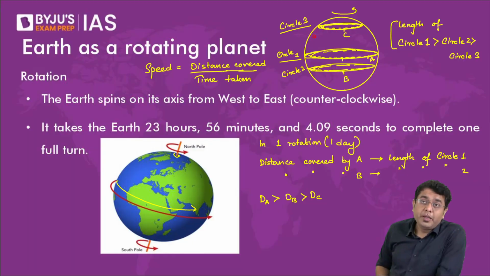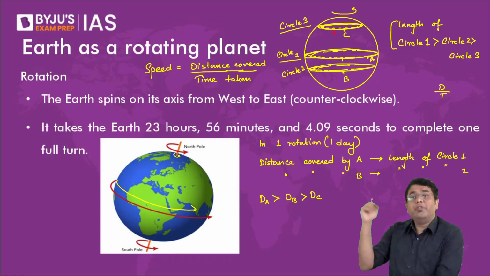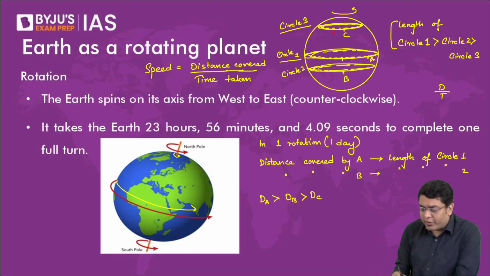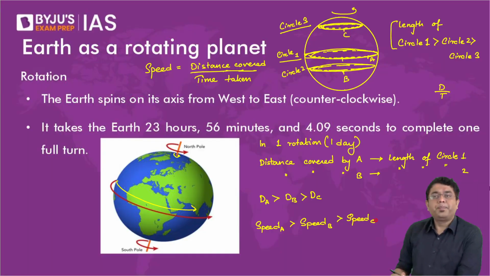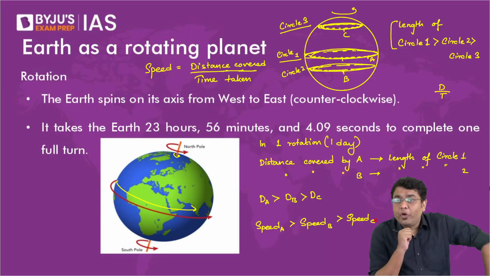Now, what is speed? Speed is equal to distance by time. The time in every place we have taken as 1 day for one rotation. C will cover that much distance in 1 day, A will cover that much distance in 1 day, and B will also cover that much distance in 1 day. So can I not say that the speed of A is going to be greater than the speed of B, which is greater than the speed at C? Why do I say so?